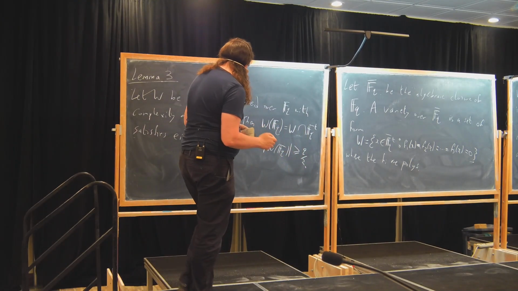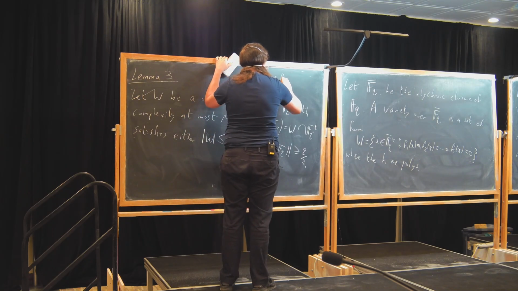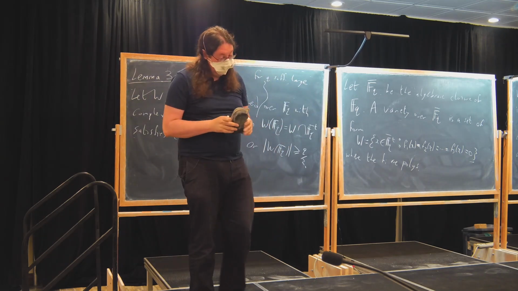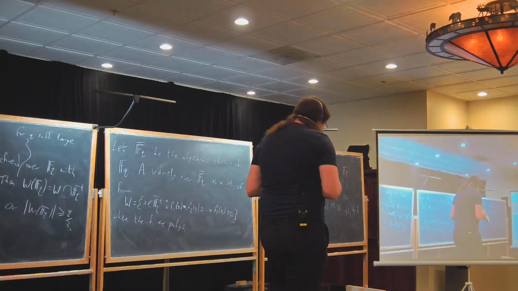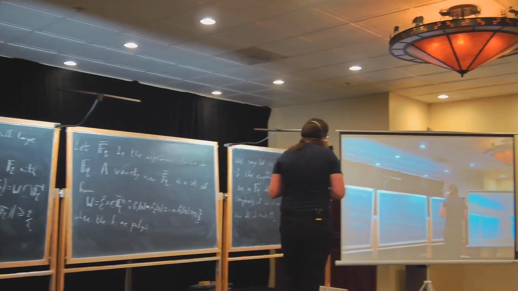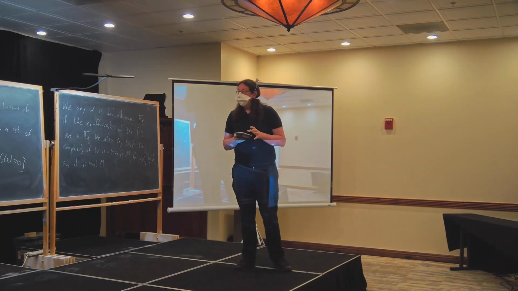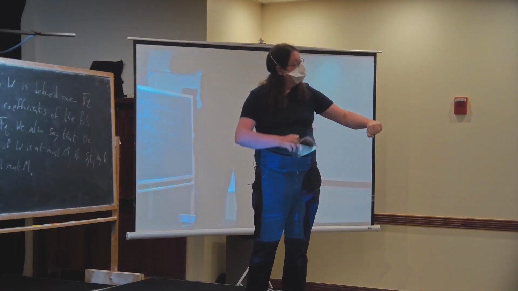Sorry, this should be for q sufficiently large as well. So if you have a variety like this, defined over Fq and with bounded complexity, and you need both of those conditions, then the number of points on this variety is either constant or quite large.